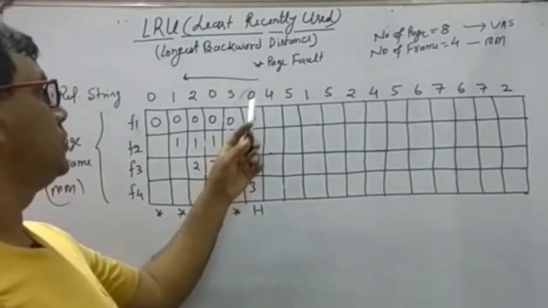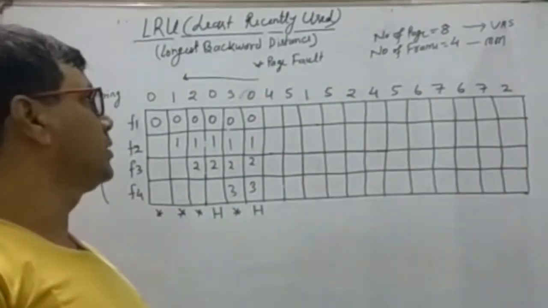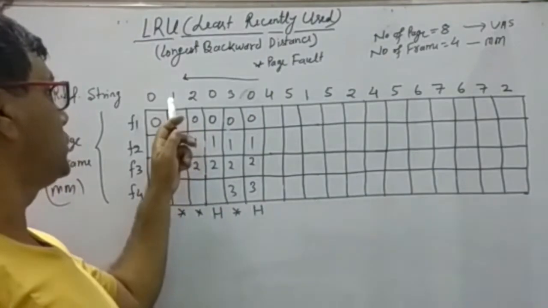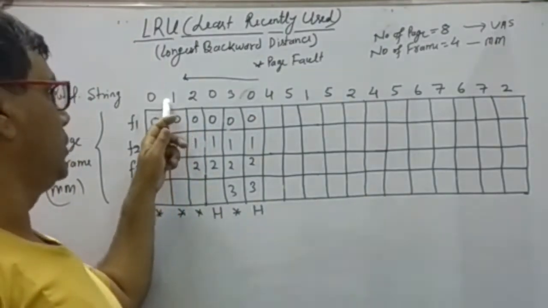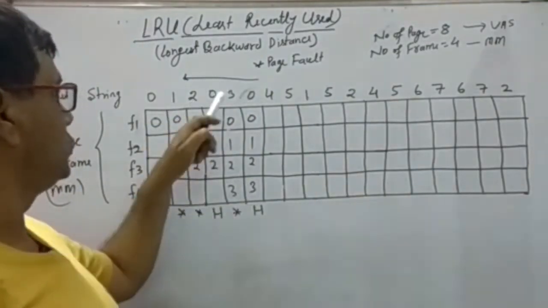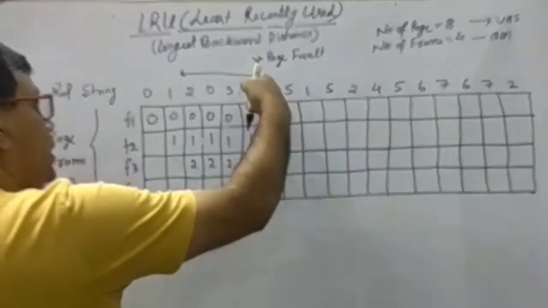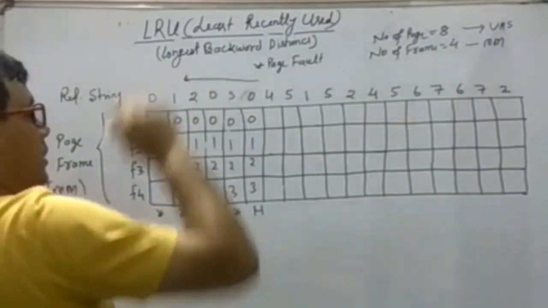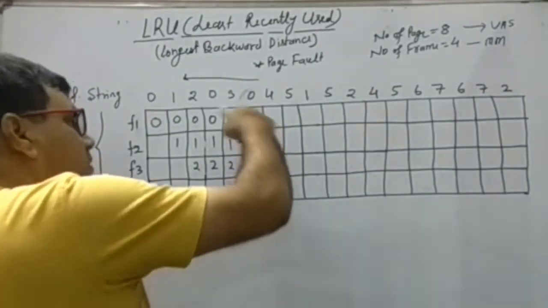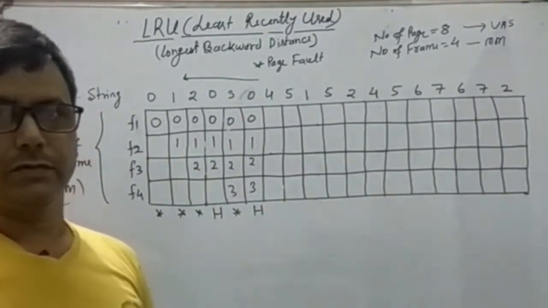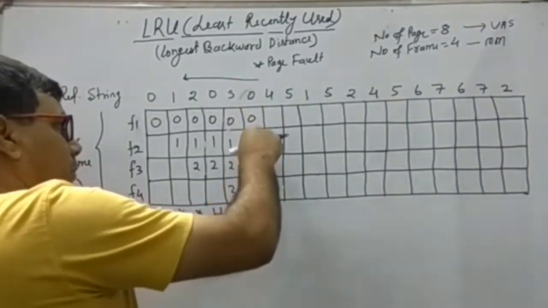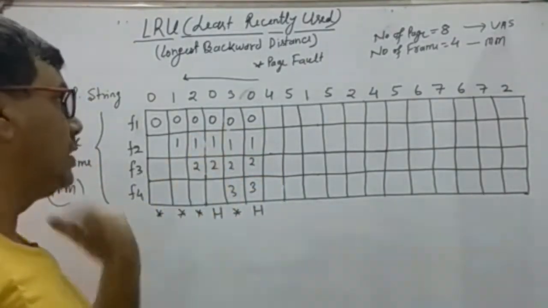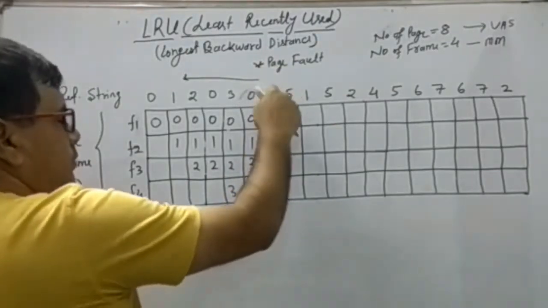Now 0 was used immediately before, then 1 was used the longest time ago, because 2 is used here and 3 is used here. That means page number 1 has the longest backward distance, so the victim page is 1. Try to understand: page 0, page 1, page 2, page 3, we need to replace any one of them.